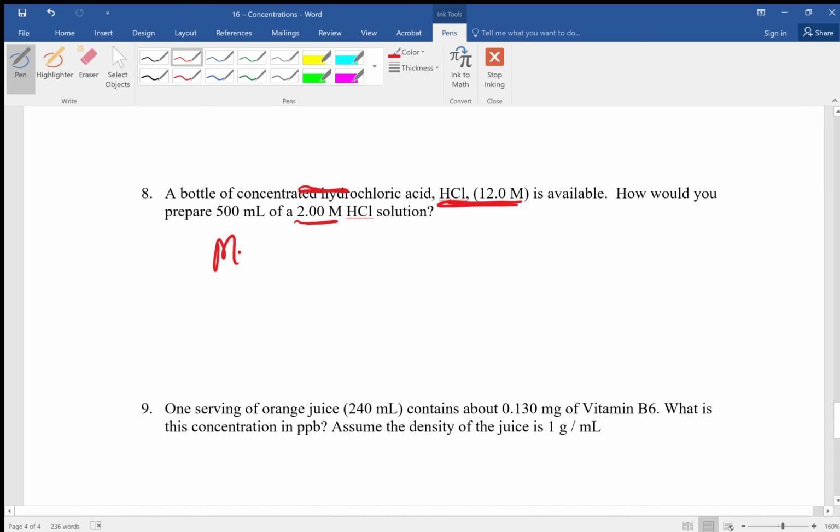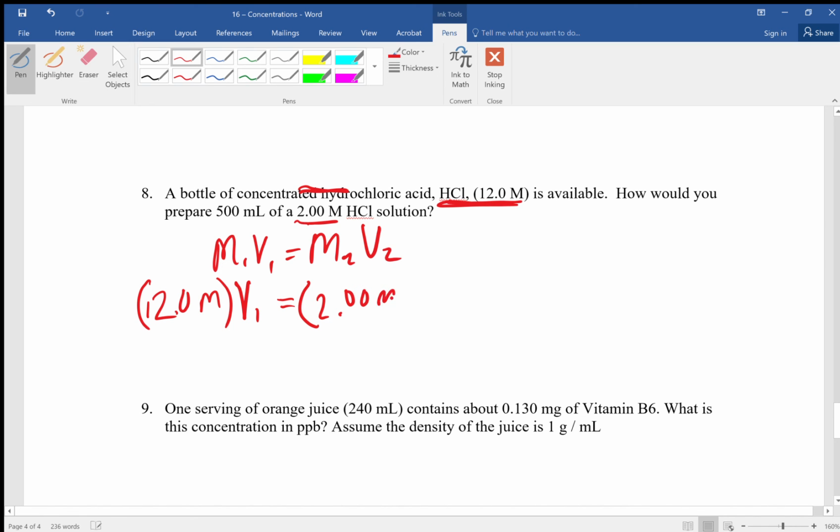So if you recall, we use our M1V1 equals M2V2. So our initial molarity is 12 molar. Our V1, the amount of it we need, is unknown. We want to make a 2 molar solution, and we want 500 milliliters of that. So we solve for V1 here.